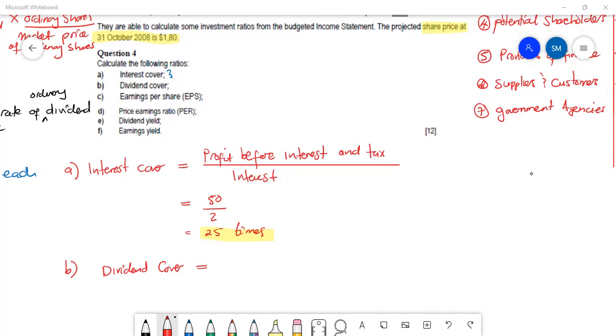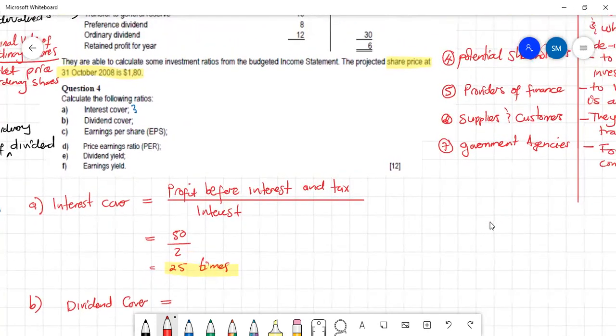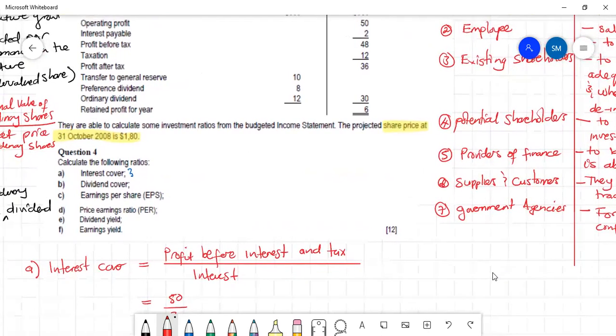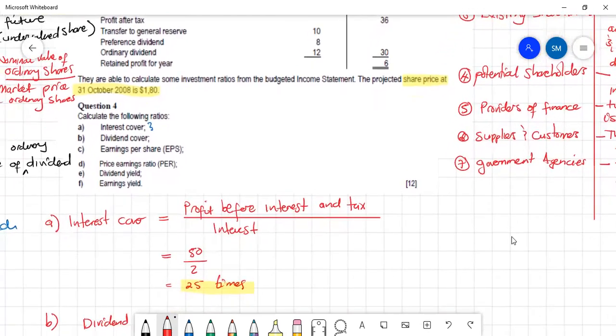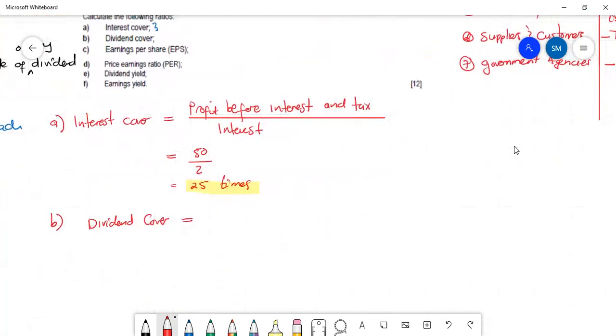How did you get it? I said 36,000 minus the preference dividend of 8,000. Okay, so that's correct. It's 36,000 minus 8,000 from the preference dividend.